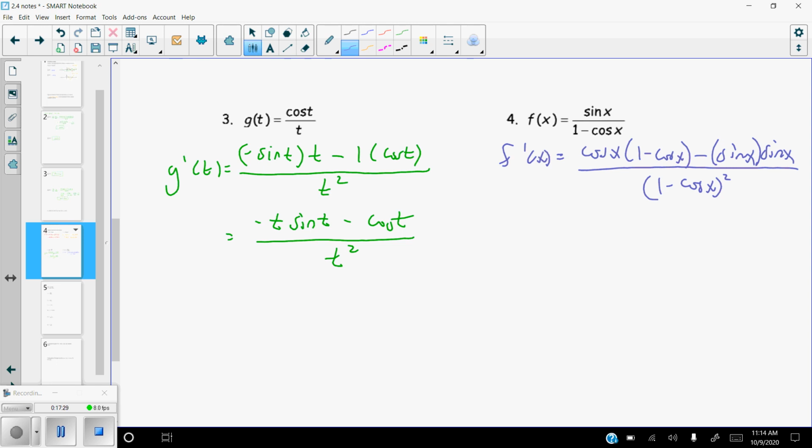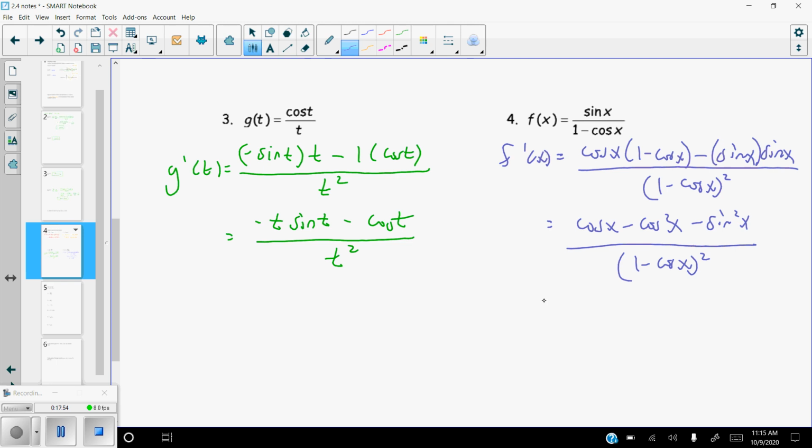I'm just going to do the first way that I can think of. I'm going to go ahead and distribute the cosine. And then on the end there, I'm going to have a minus sine squared of x, all over 1 minus cosine x squared. Again, no reason to FOIL that out in the denominator.